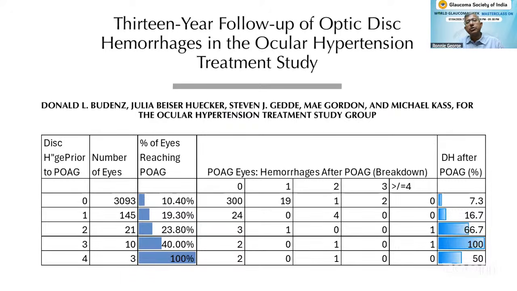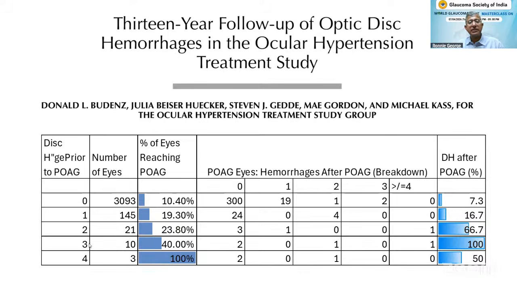This is another study which looked at ocular hypertension follow-up over 13 years. What they found was that if you had no disc hemorrhages prior to converting to POAG, you had a 10% risk of conversion. If you had one disc hemorrhage prior to becoming POAG, you had a 19% risk, and that continued to increase.